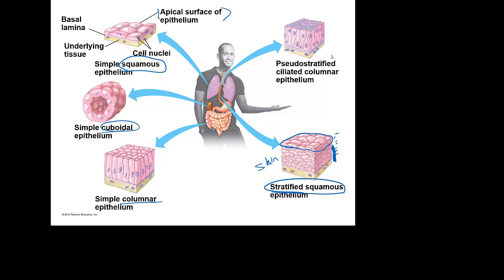Pseudostratified ciliated columnar. It's a really long name, isn't it? Now, pseudo means false or fake, right? So why are these fake stratified? That seems weird. Well, it has to do with the fact that you see where the nuclei are here? It gives the appearance of having some sort of layering, but there is no layer.